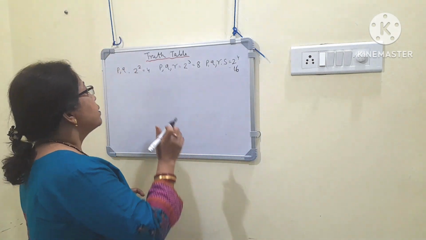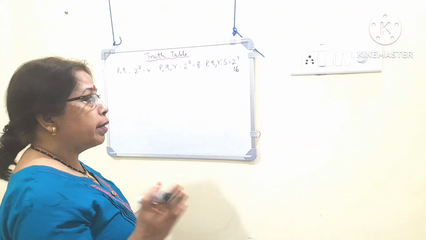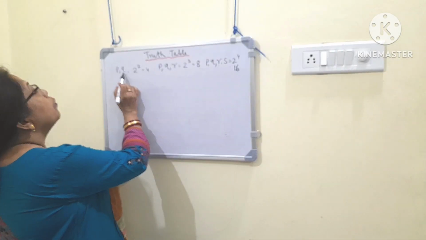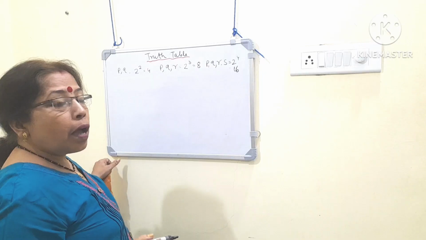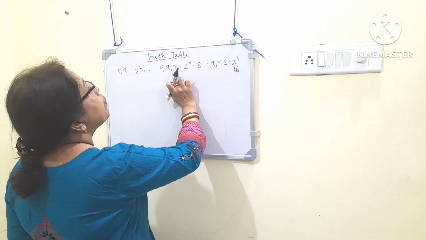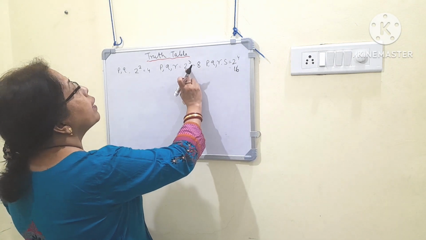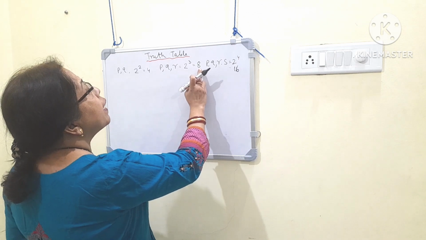First, the tricks. When you are given two variables like P, Q, there will be 4 rows. But when you are given three variables, that is P, Q, R, the rows will be 2 to the power 3, that is 8.